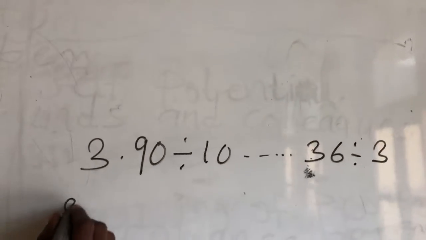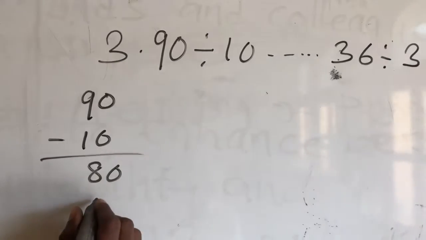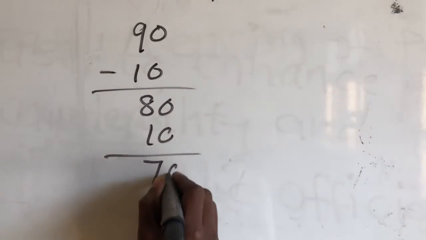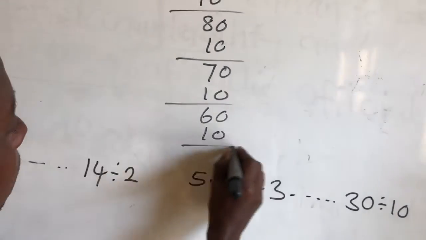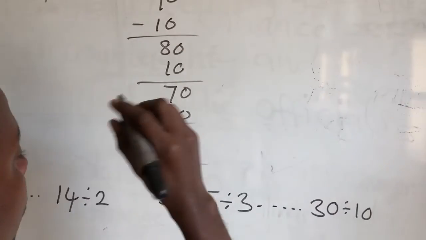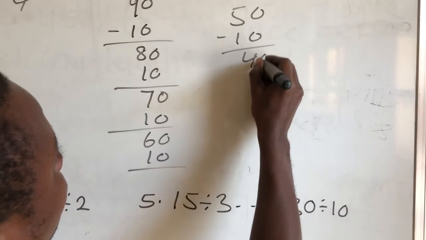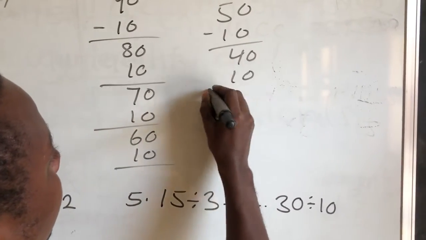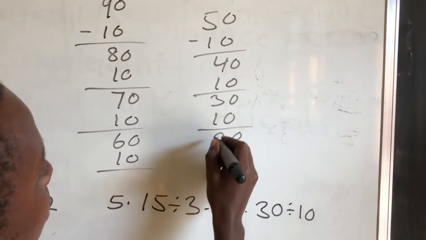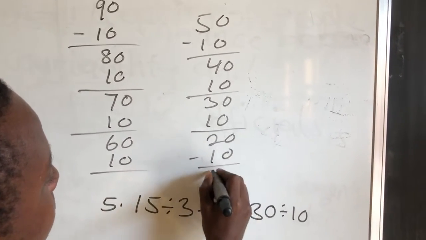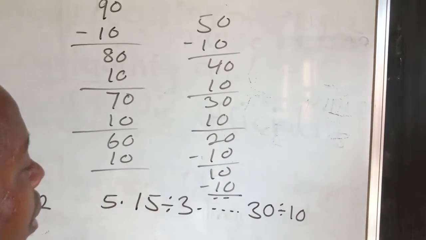So we have 90 minus 10, 80, minus 10, 70, minus 10, 60, minus 10 to give us 50, minus 10, 40, minus 10, 30, minus 10 will give us 20, minus 10 will give us 10, minus 10 will be 0. 10 minus 10 will be 0.